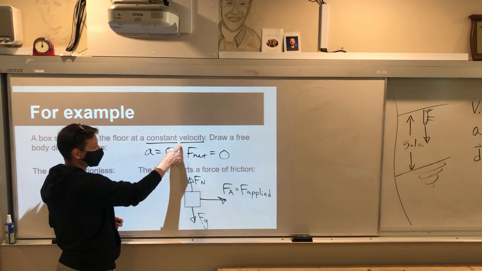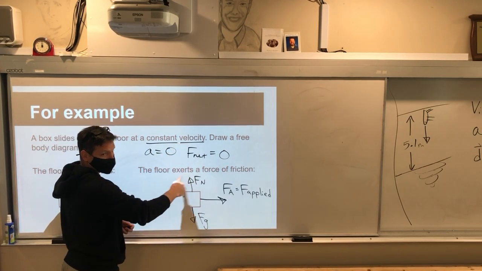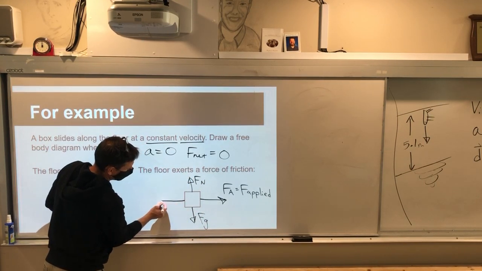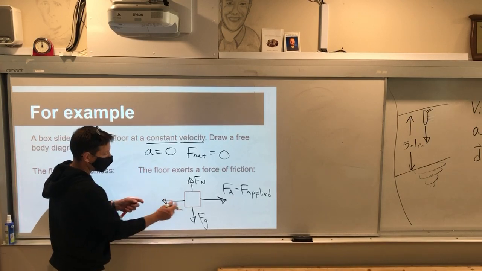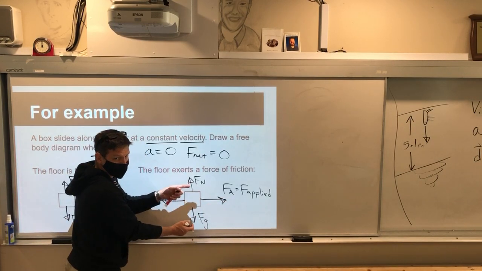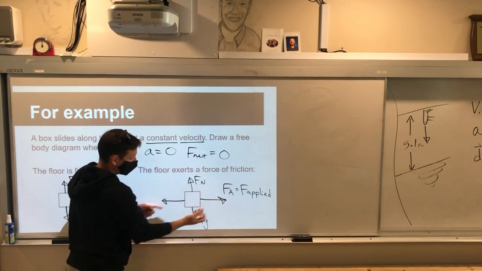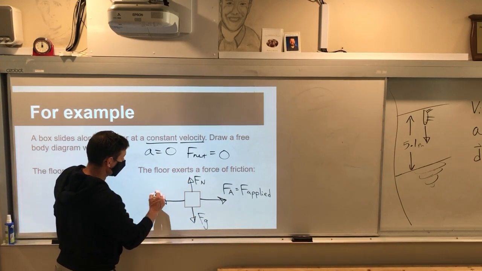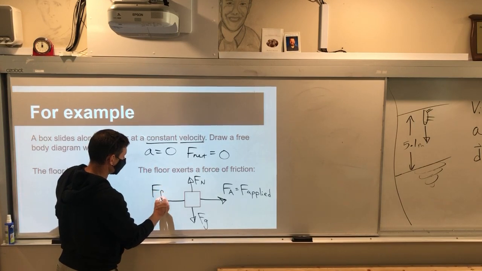If you're moving at constant velocity, you can't have any net force here, so no arrow can be bigger. Well, these two can be bigger than these two, but these two have to be the same, and the vertical two have to be the same, so that the sums are 0. So this is going to be force of friction.